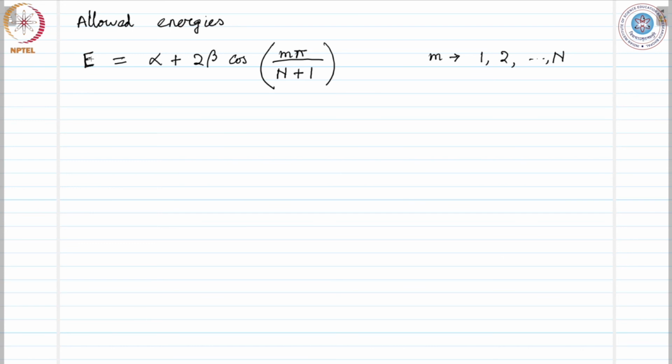Okay. Now, let us find the mth state of the system, mth eigenstate of the system, which we denote as psi m ket vector.